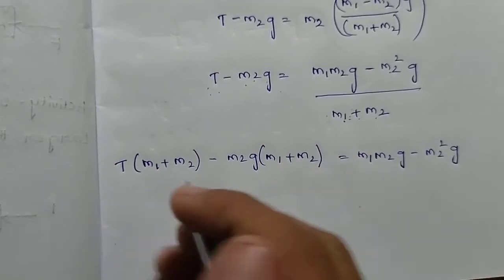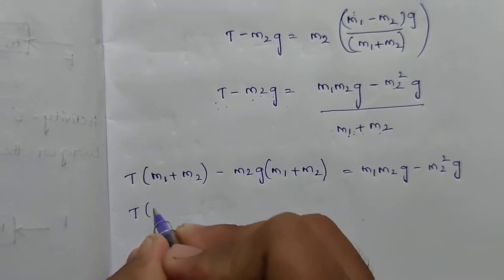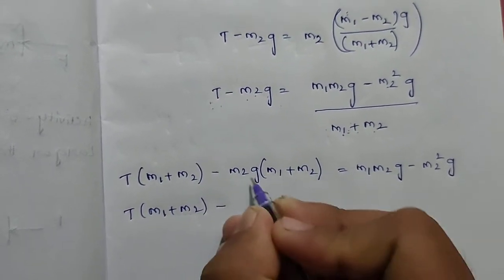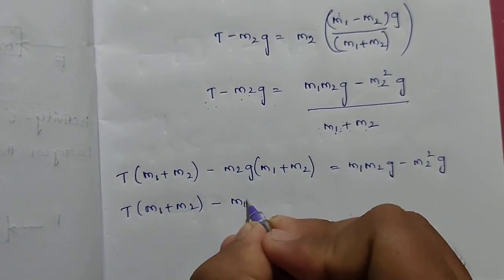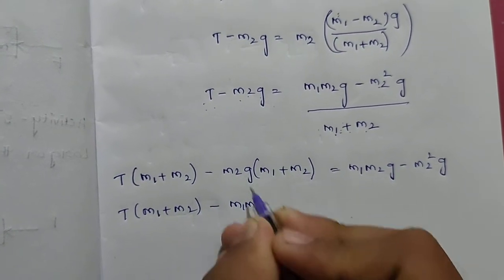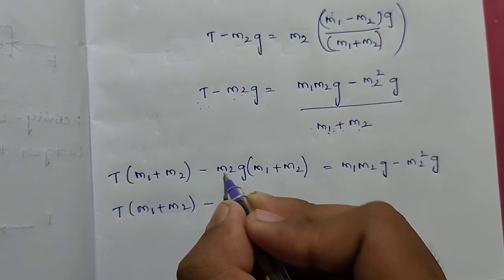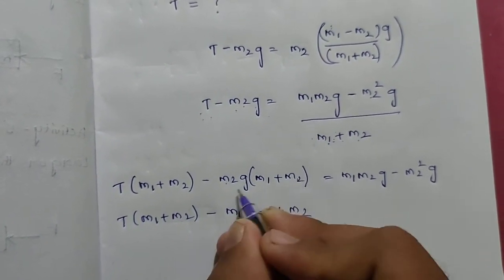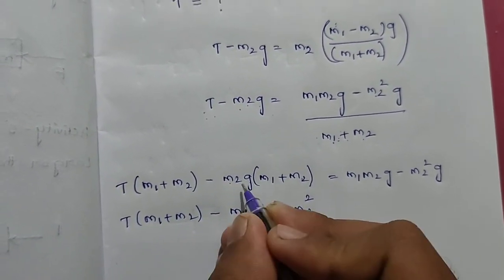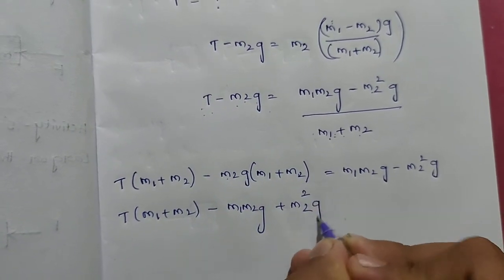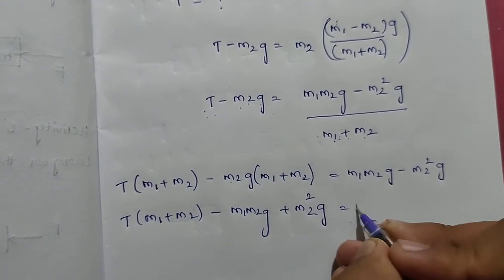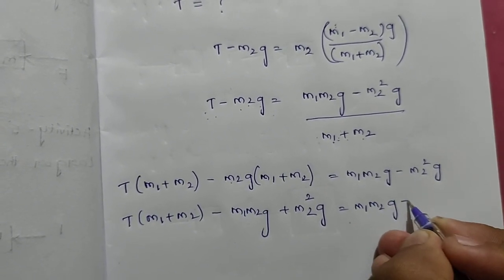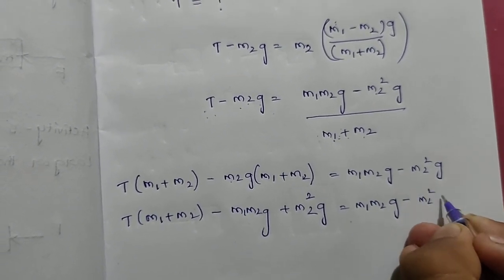So if I simplify this, I'll write T m1 m2 and here m1 m2 g. Okay, this is m1, this is m2 and this is g. Similarly m2 into m2 square g, is equal to m1 m2 g minus m2 square g.